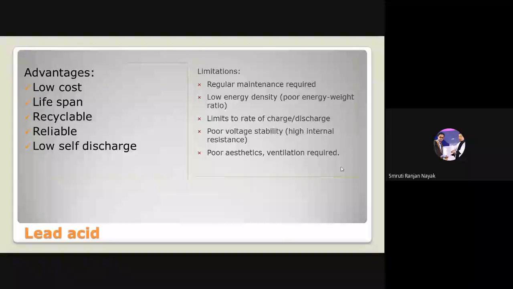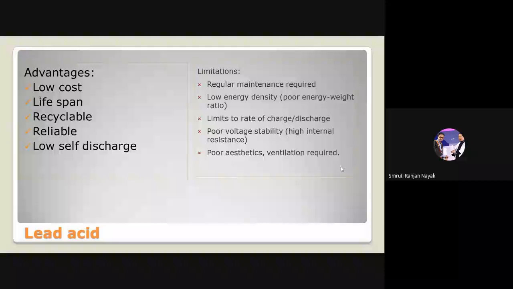It is also reliable and has low self-discharge. If the battery is at full charge, that is 12.69 volt, and you keep it for a month, it will discharge, but the self-discharge is very low. So limitations are also there.